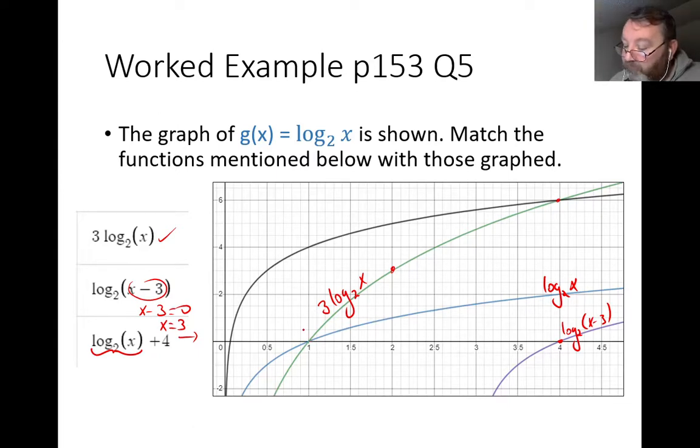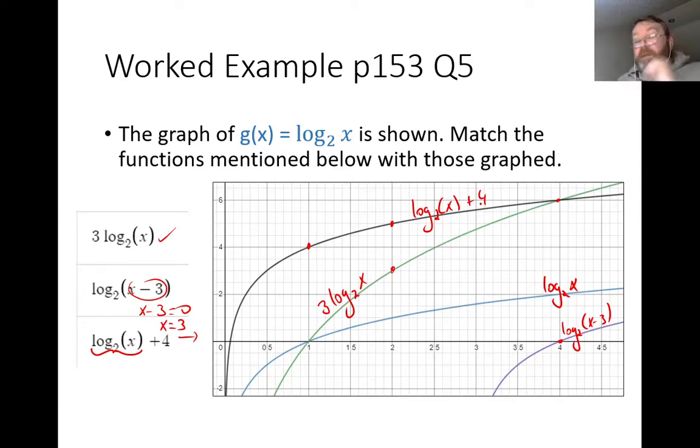So that means this point here on the blue line, which is 0, will go to 4. See that? This point here, which is 1 on the y-axis, that will go to 5. And then this point here, which is 2 on the y-axis, will go to 6. So the last one then is this black one, which is log to the base 2 of x plus 4.